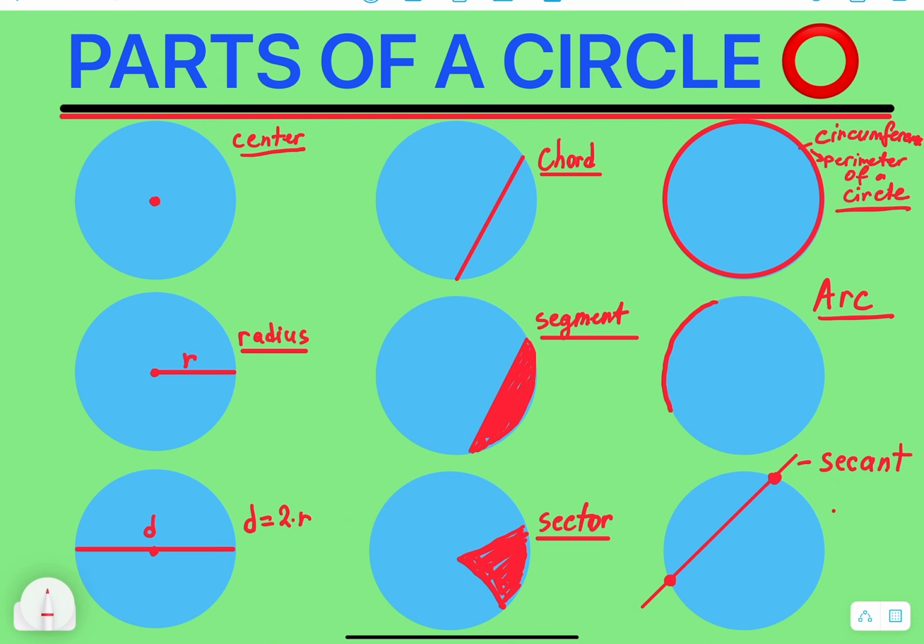And if we have the line that touches the circle side in 1 point and it makes 90 degrees, we call this line as tangent of a circle.